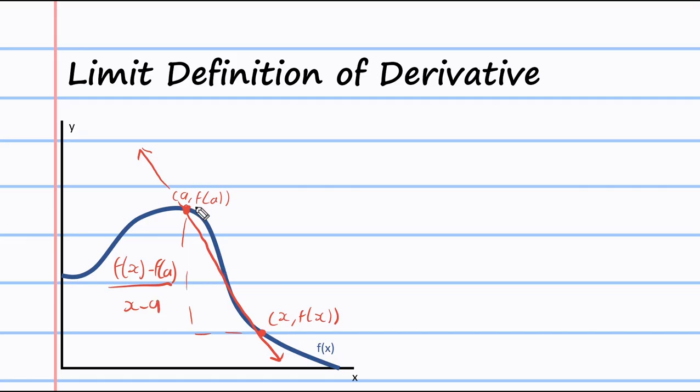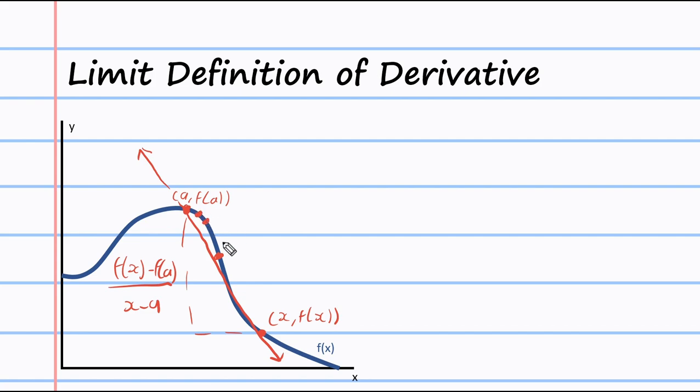And now we can approximate the slope of the line that's tangent to the graph at x equals a if we let x slowly get closer and closer to a, okay?